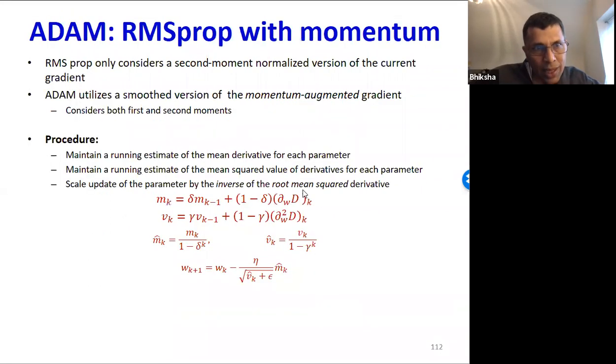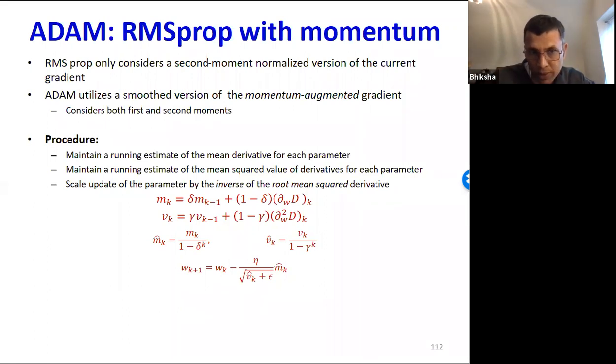I'll skip that. Now, the problem with RMS prop is that it's only considering the second moment, the squared values of the derivative. So it says, is this oscillating a lot? Does this have a lot of variation or not? But it's not considering the trend.